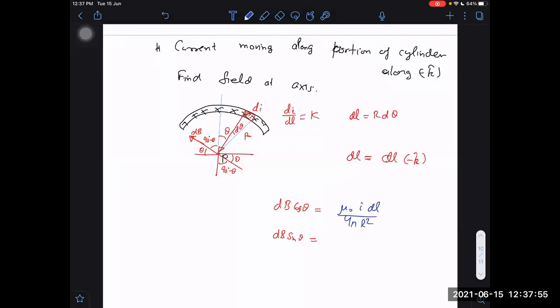I think I should take dI in fact, and apply the formula for B infinity. What is the formula for B infinity? Mu naught into dI divided by 2 pi R, into cos theta and mu naught into dI upon 2 pi R into sin theta. Right?